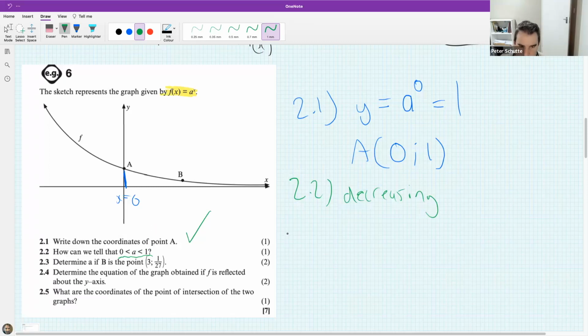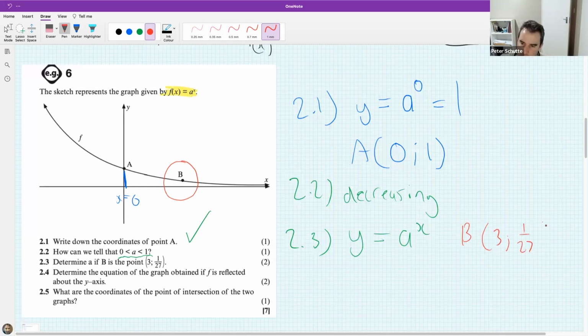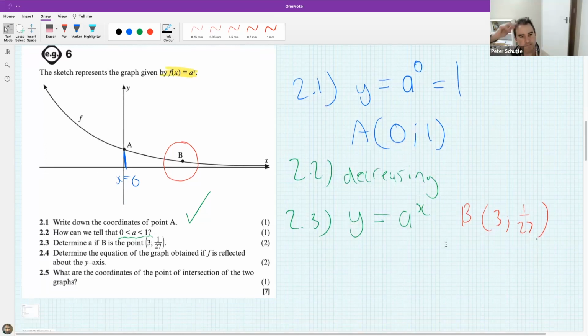Okay, now 2.3. You need to find me the value of a by using the point B. And the point B is (3, 1/27). I want you to find me the value of a and ultimately help me find the function f. So go ahead and do that.